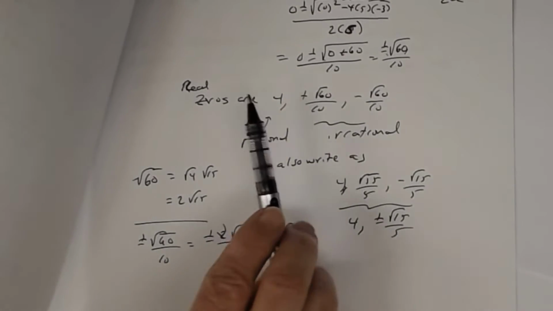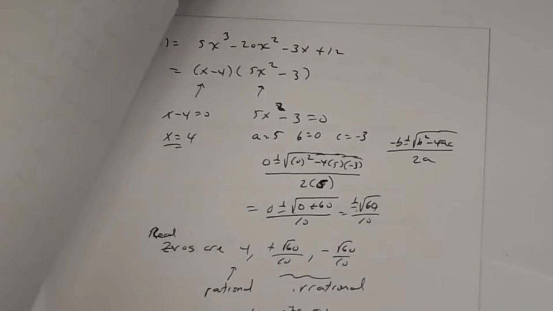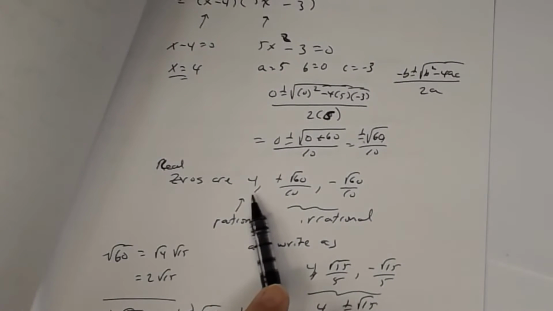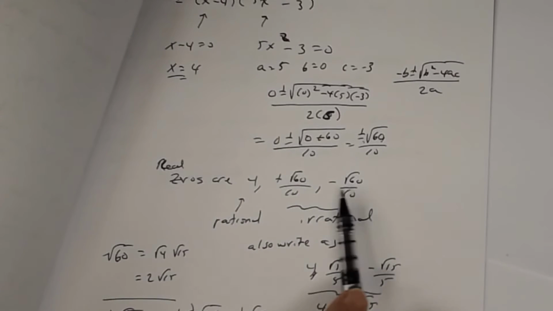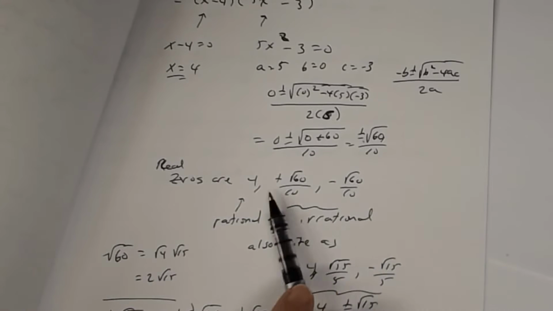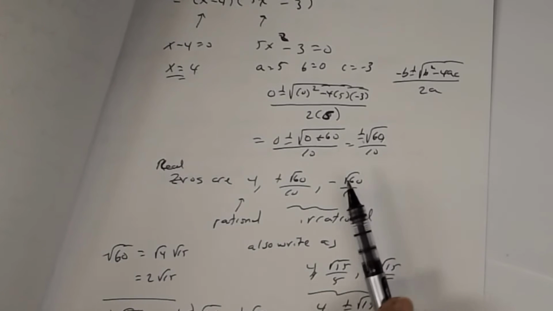So in this particular cubic function, this one right here, if you recall, we had a rational solution, a rational zero, a rational root, and two irrational zeros. We also mentioned, and this is important, that when you have an irrational root, its conjugate is also going to be a zero.